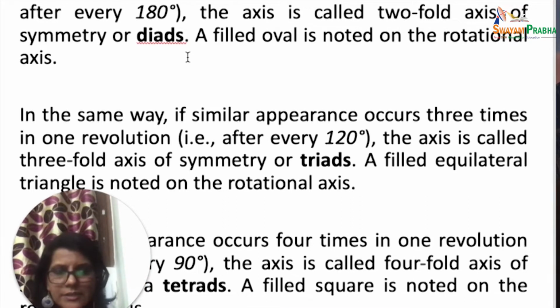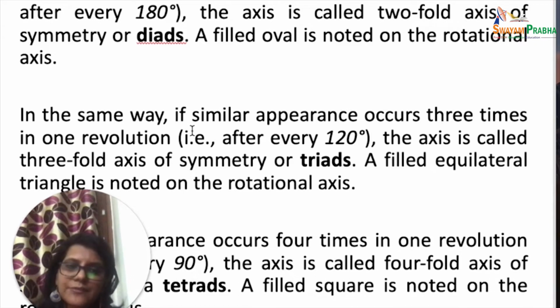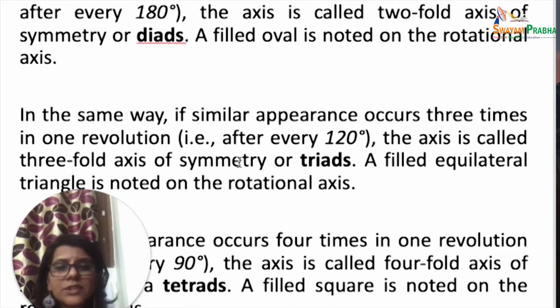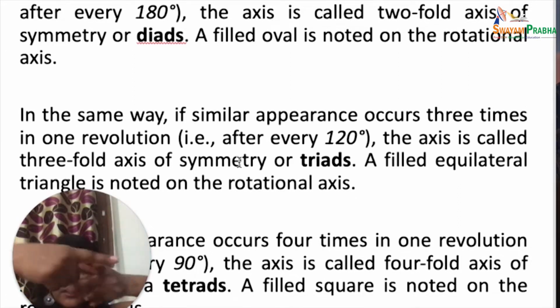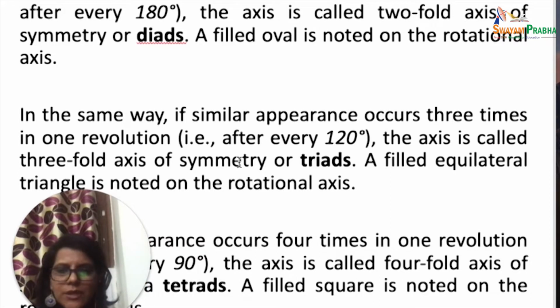In the same way, if similar appearance occurs 3 times in one revolution, that is after every 120 degrees, the axis is called a threefold axis of symmetry. Just imagine, I gave you an example of an equilateral triangle. If this is an equilateral triangle, I give it a 120-degree rotation, I get the same equilateral triangle.